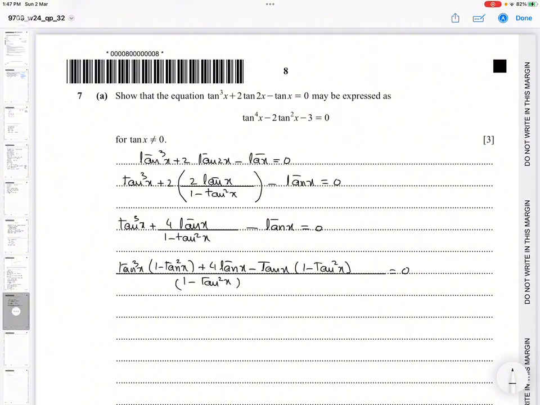The denominator becomes 0 when multiplied by 0.